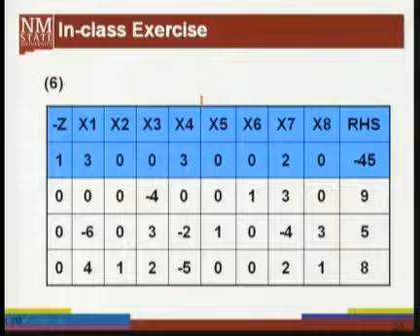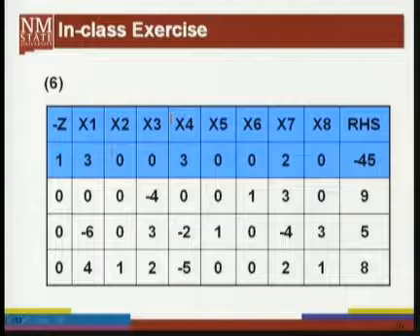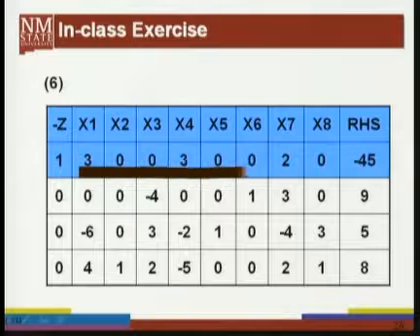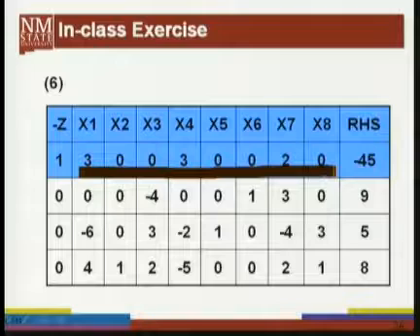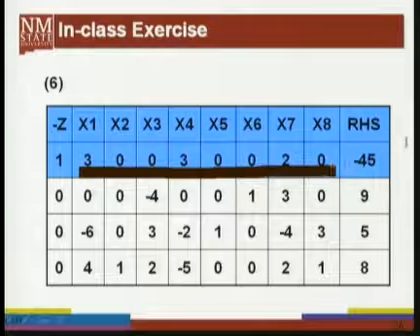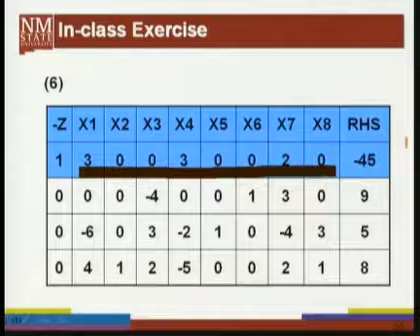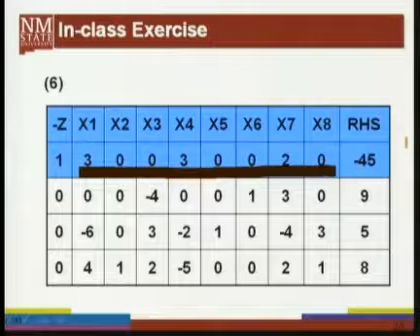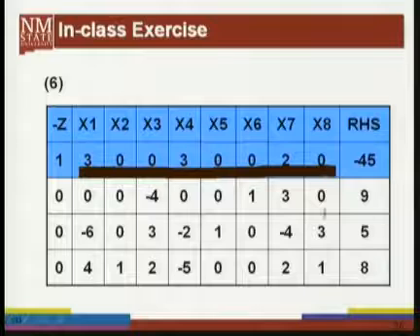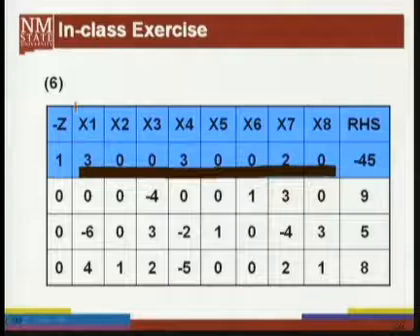What about number 6? Is this optimal? Yes. We have no negative reduced cost, right? Okay. Again, since we know it is the optimal Tableau, we need to decide whether it is unique optimum or multiple optimum, right? Is this multiple optimum? Which variables are non-basic variable at this time?